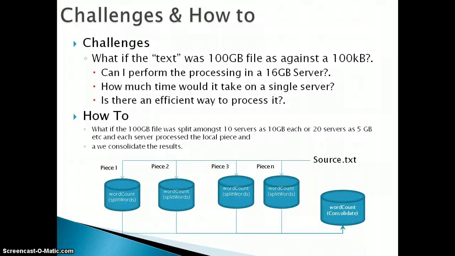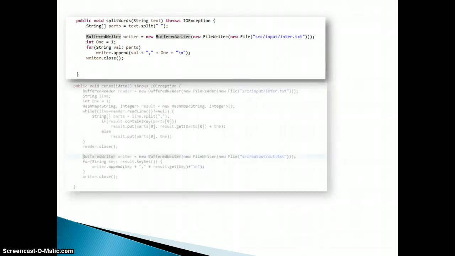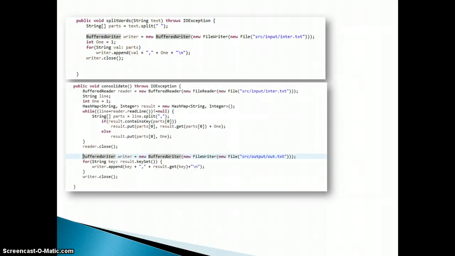So let's look at our program components. What did we do? We had a split method which split the file, split the text in our case, into multiple components and wrote it into an intermediate file. And there was a second component which did the consolidation piece.